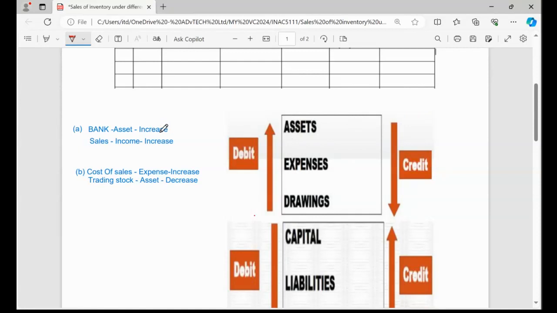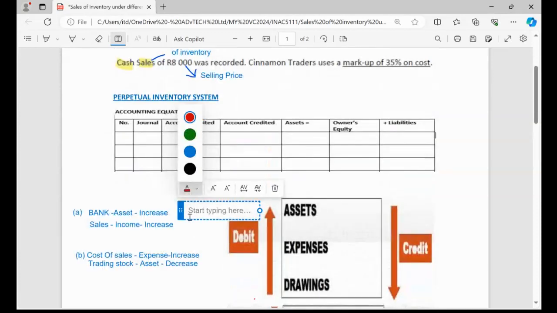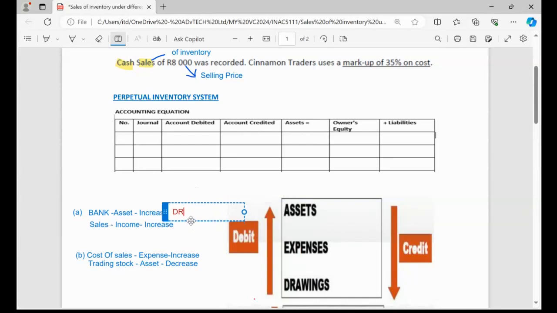The asset is increasing, so I check the arrow that goes up, meaning the asset will increase on the debit side. So I will put a debit just as a control, to remind myself when I record. I'm just going to write DR. This means I'm going to record this on the debit side.